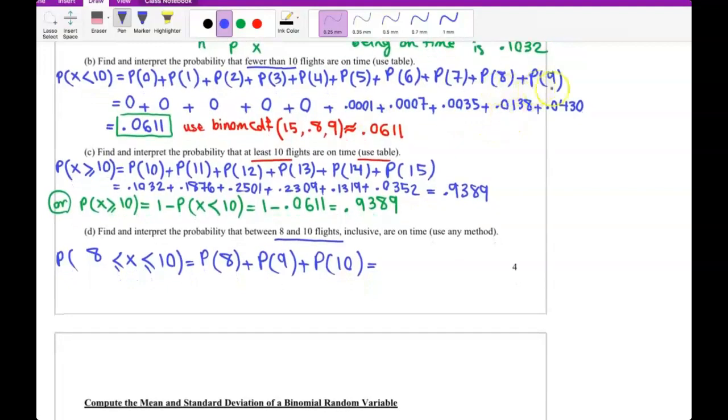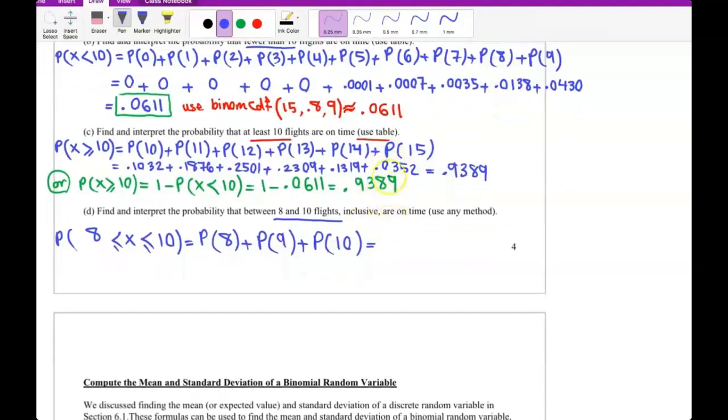Okay, here we have all the data from the table. Probability of 8 was equal to 0.0138. Probability of 9, 0.0430, and probability of 10 from this part is 0.1032.